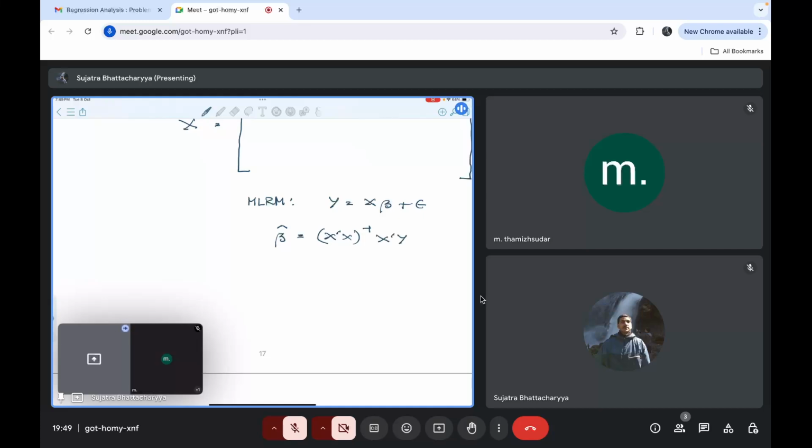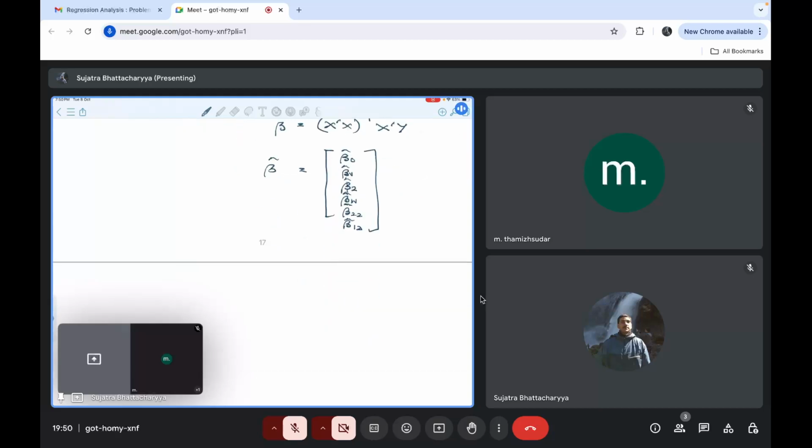So nothing is changing, everything is the same. So beta hat you will get: beta naught hat, beta 1 hat, beta 2 hat, beta 1 1 hat, beta 2 2 hat, and beta 1 2 hat. These are the values which you will get.